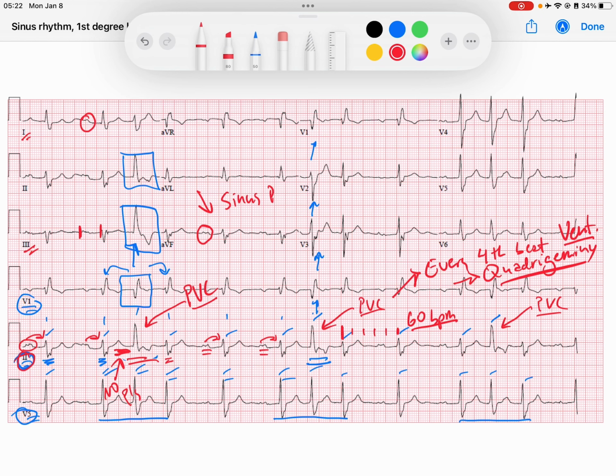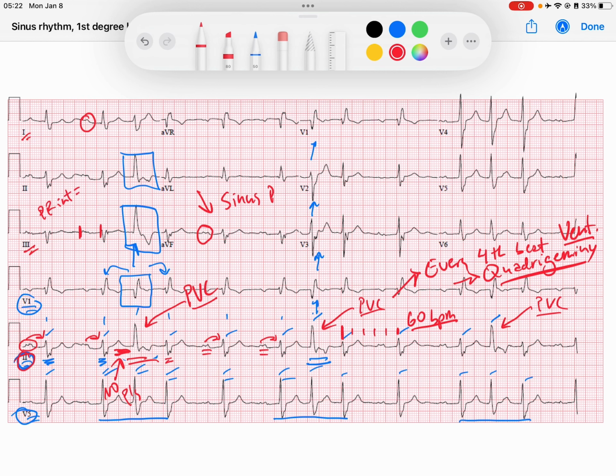I see that my PR interval is roughly 8 small boxes, or 8 millimeters, and each little box is 40 milliseconds, so that's 320 milliseconds. So that's long. So we've got an AV block.